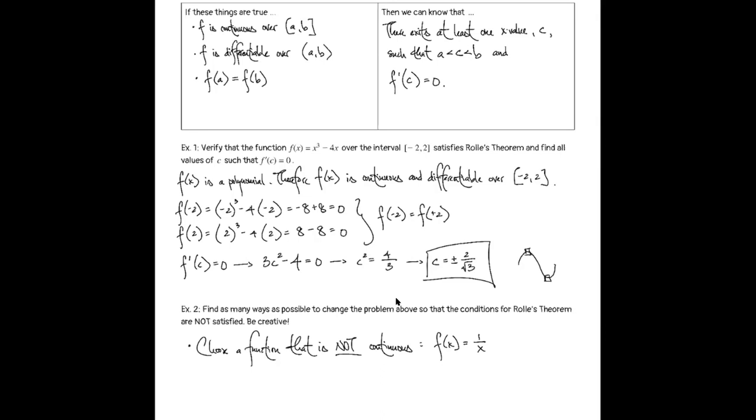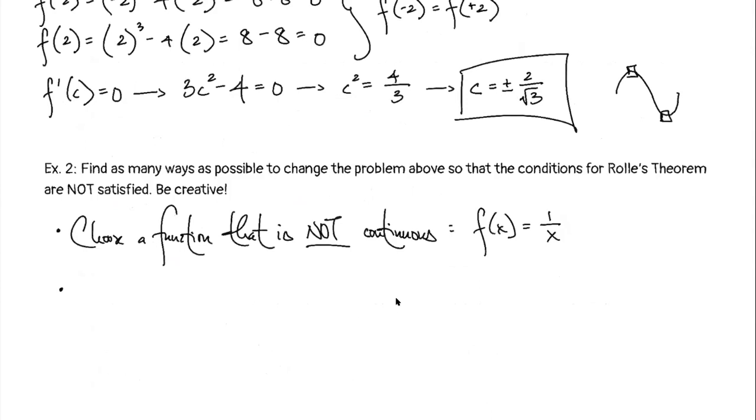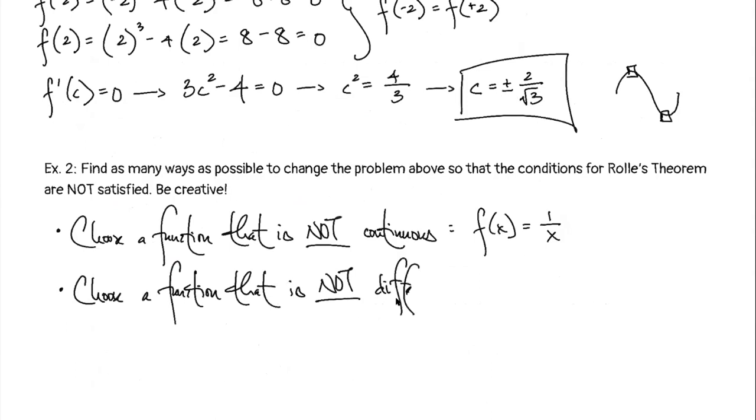Okay, and what's the problem with the absolute value, right? Let's generalize that problem. I would agree, and I think that's a great example. Ooh, that's a third point. All right, so let's come back. Let's say that we could also choose a function that is not differentiable.